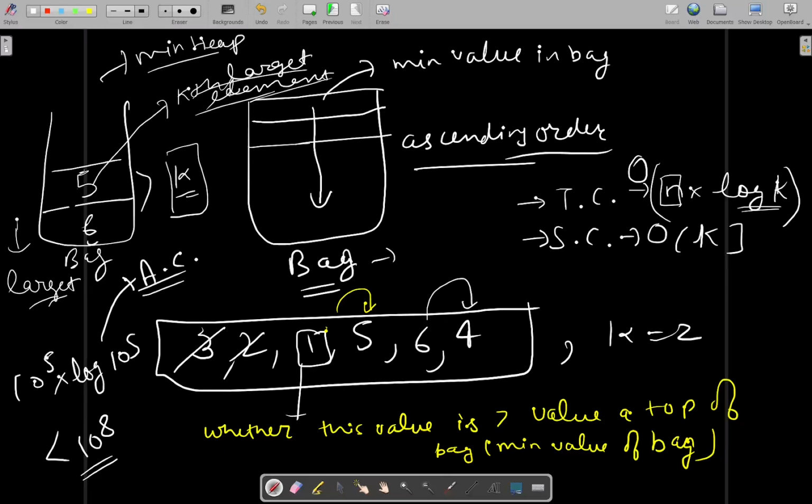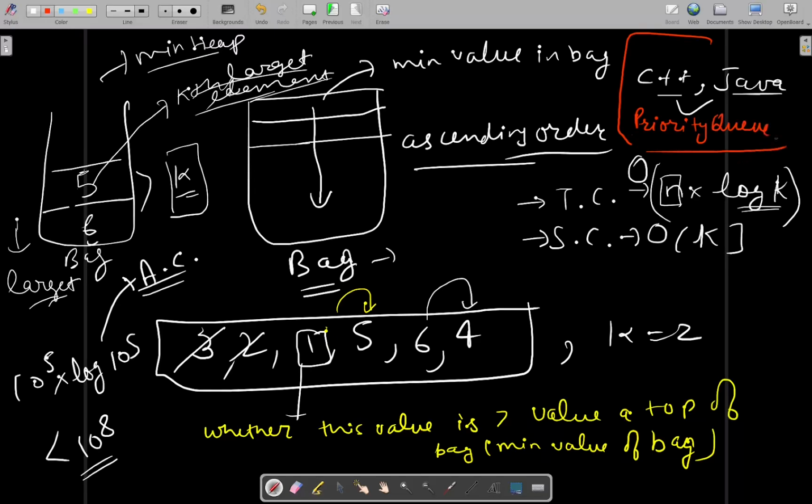Both of the languages, C++ and Java, have their own heap implementations. In both of these, it's called priority queue. Based upon your preference, you can make this priority queue either min heap or max heap.